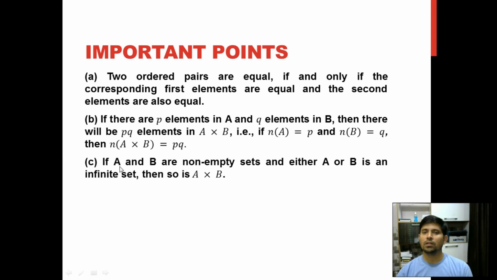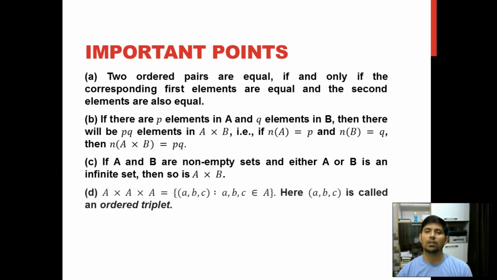Now the next point: if A and B are non-empty sets and either A or B is an infinite set, then A cross B is also infinite. It means if any of A or B is infinite, then A cross B will be an infinite set.